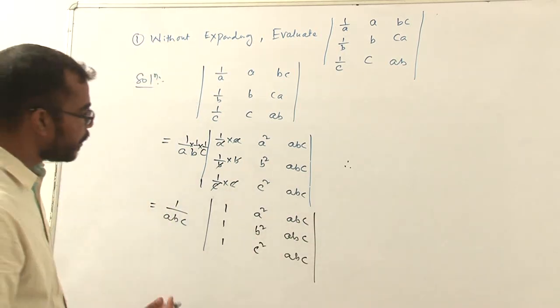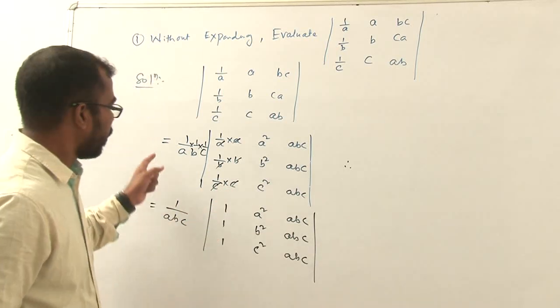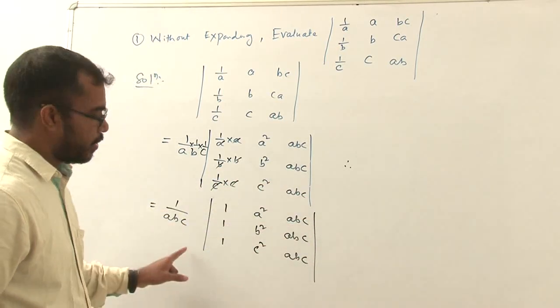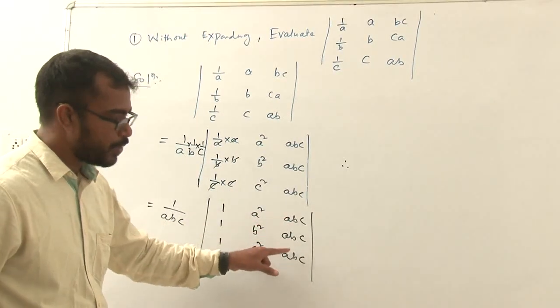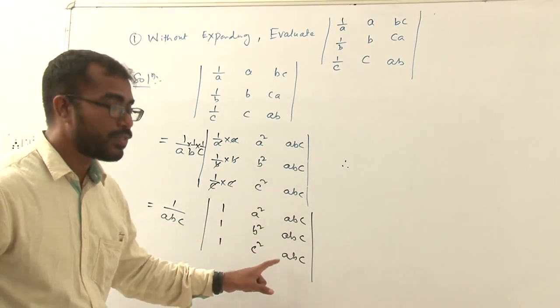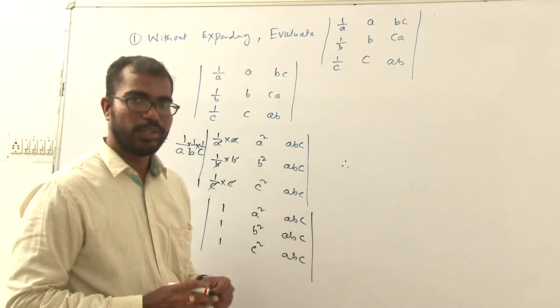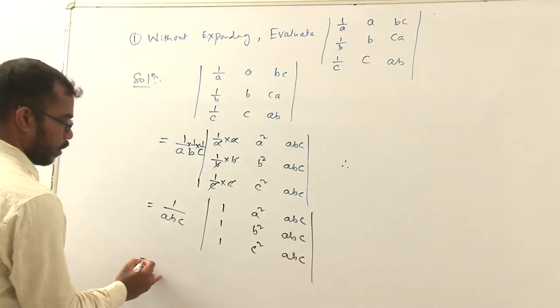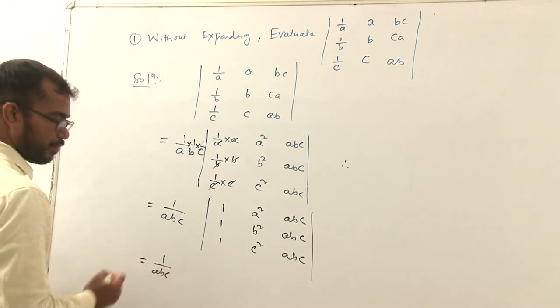So here you can see in this determinant ABC, ABC, ABC, all the elements are the same in column 3. So we take common ABC from column 3, giving 1 by ABC.